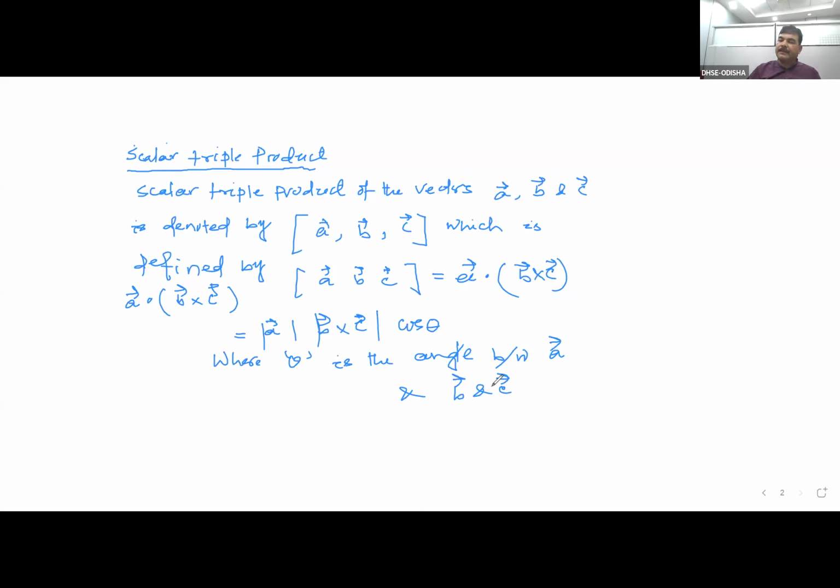If three vectors A bar, B bar, and C bar are given in component form, then how to calculate the scalar triple product? Write down scalar triple product in terms of components.